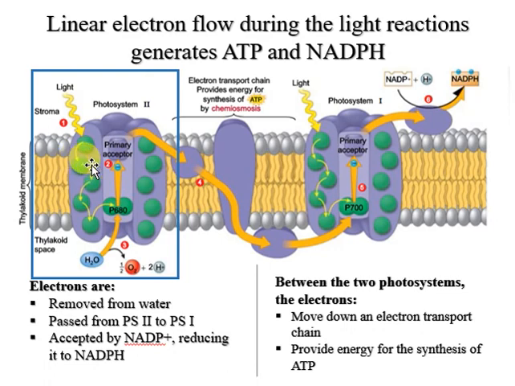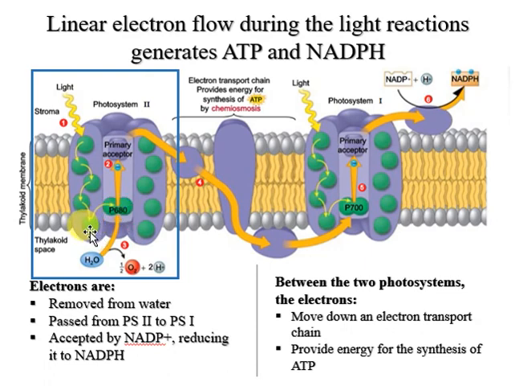Now this process will continue. It bounces from one pigment to another until it reaches the P680 pair of chlorophyll A molecules in the reaction center complex. Once it reaches this pair, one of the electrons in the P680 is going to be excited.